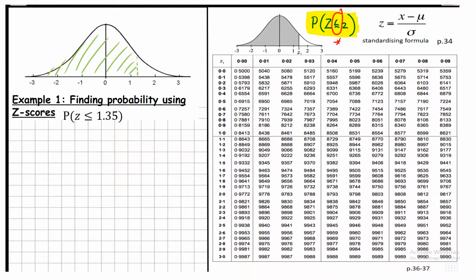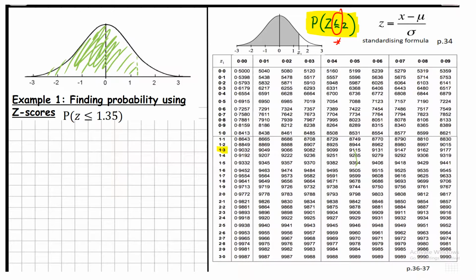As you can see, my diagram that I've shaded in looks very like this one here. On the right hand side, it's shaded from the Z-score to the left, and in my probability where it said Z is less than or equal to, I have the same symbol. Because everything looks like it should, I'm going to go straight to the tables and look up 1.35.